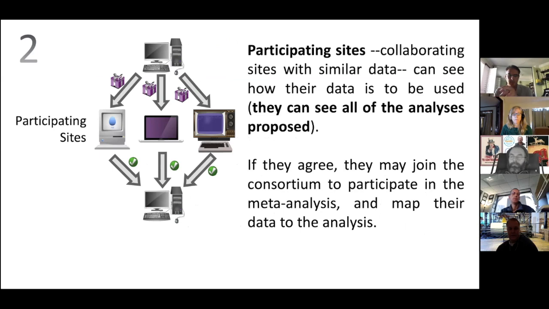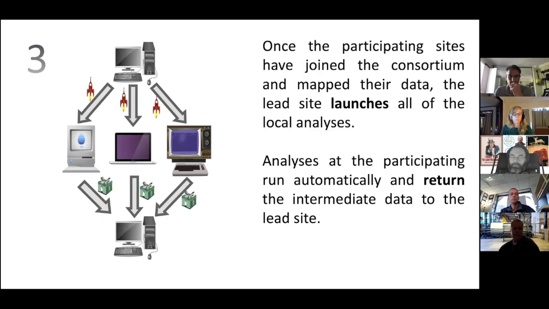They format their data into some standard format and then map their data. In our case, we only map CSV files. Then the analysis will run at the local site, and once it's completed, return the intermediate data to the lead site.